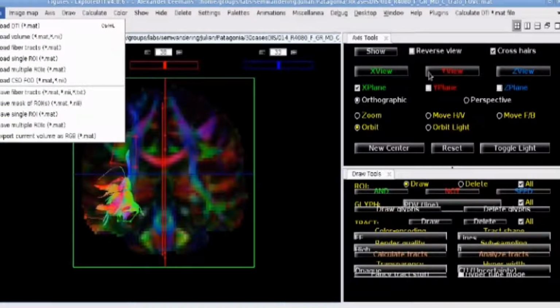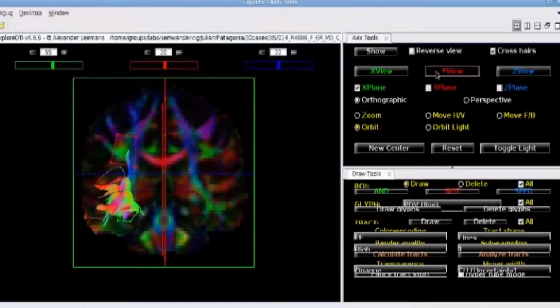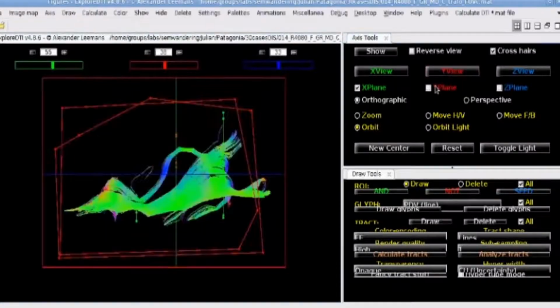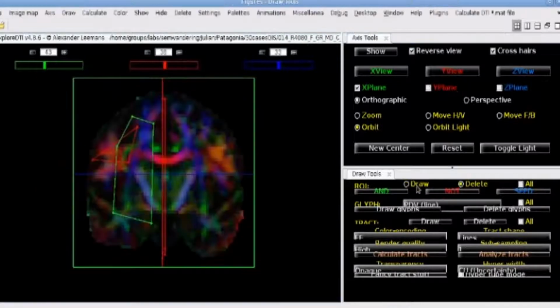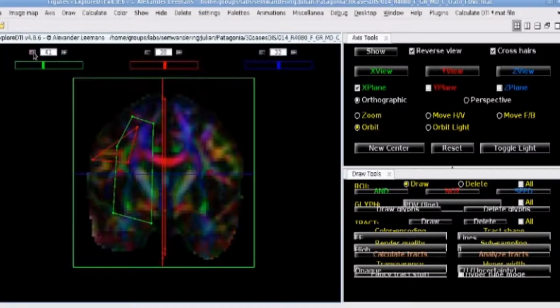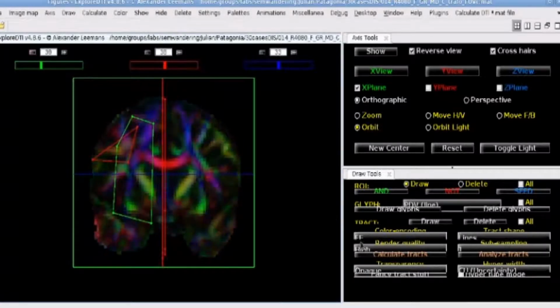in two bundles. To divide a bundle, you need to use other tools that are complex because we are using MATLAB, a platform of matrix algebra. Then we are running Explore DTI.